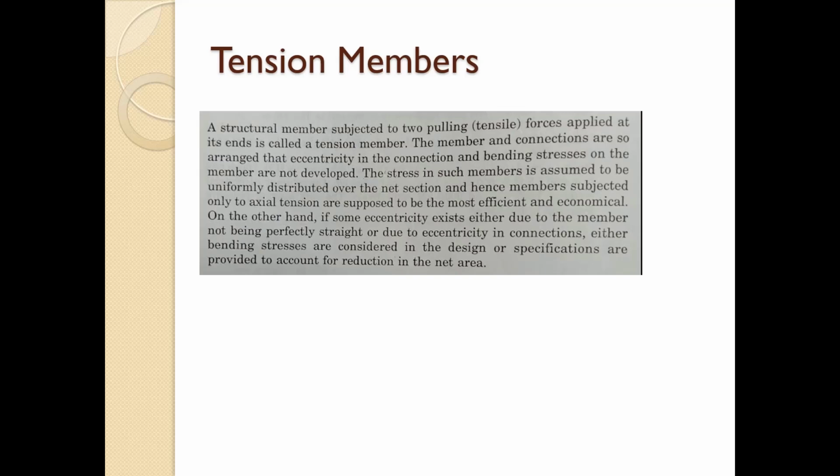So obviously there will be less load carrying capacity for the particular member. However, in our syllabus, we are not going to consider that. We are focusing only on members having axial tensile forces.